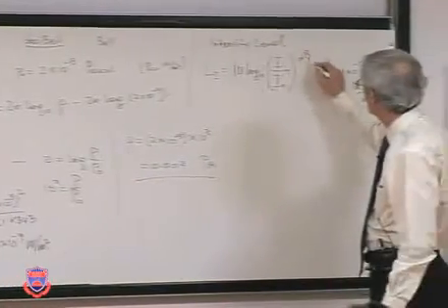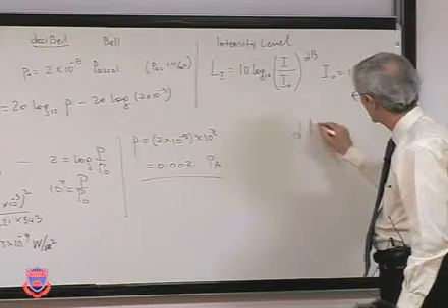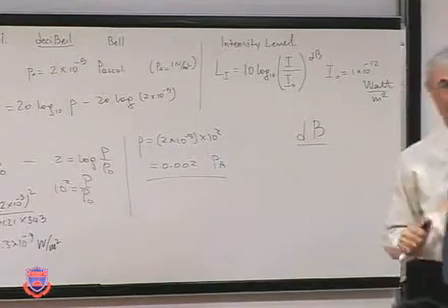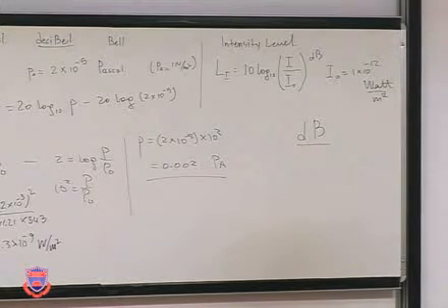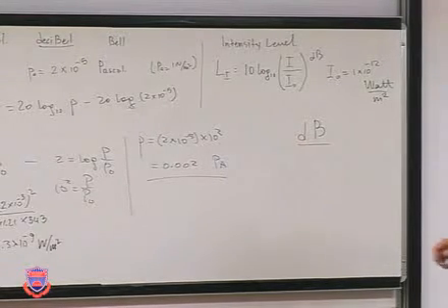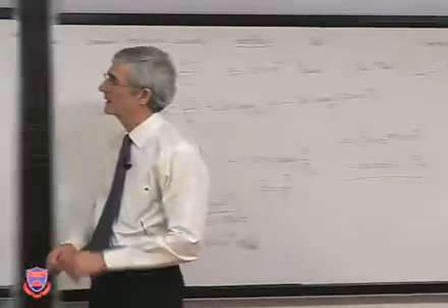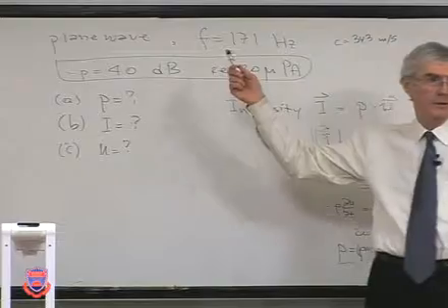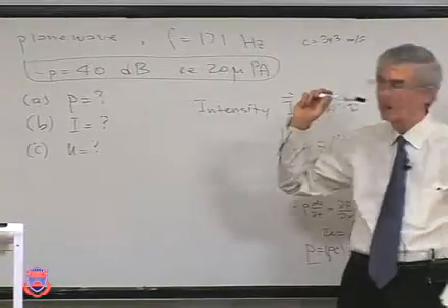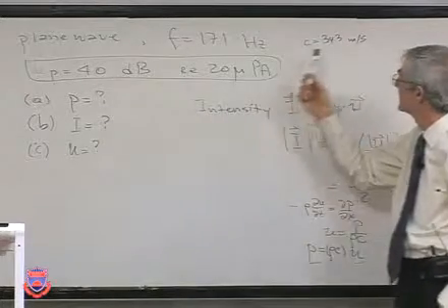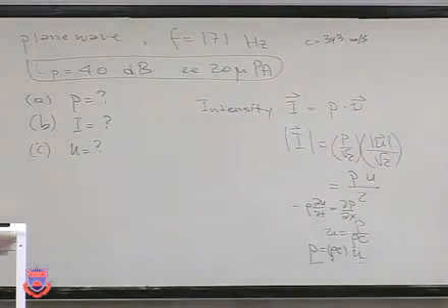It's lowercase d and capital B. That's the correct way of writing it down. Now, we never use the frequency, not on this part anyway. And we said if you have a plane wave, 40 dB, what would be the pressure, intensity, and so on.